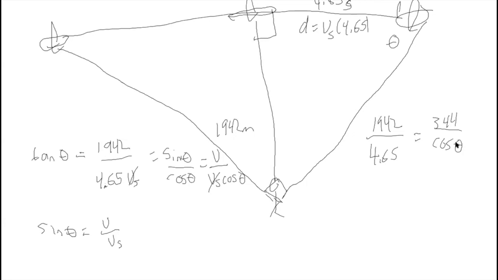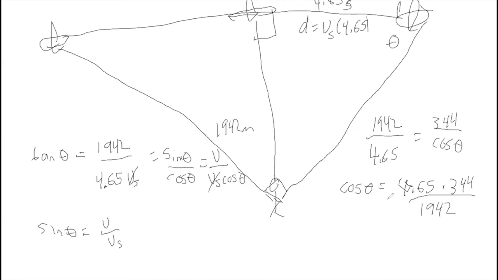From that, I can solve for theta. So cosine of theta would be 4.65 times 344 divided by 1942.